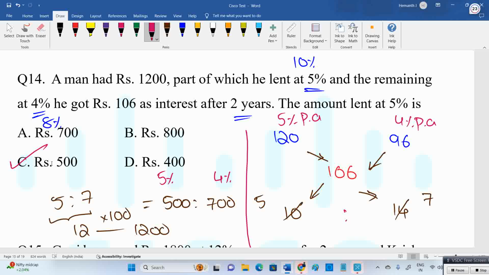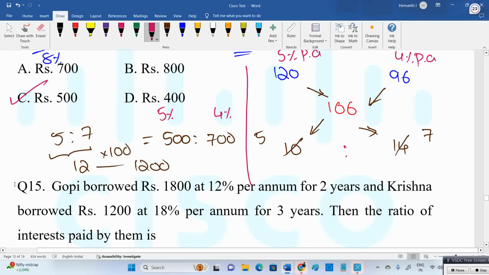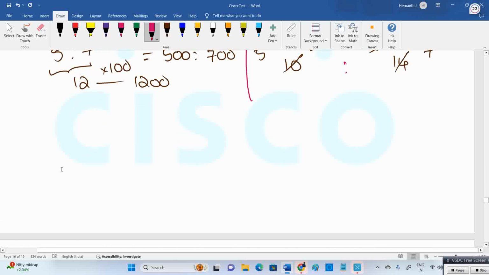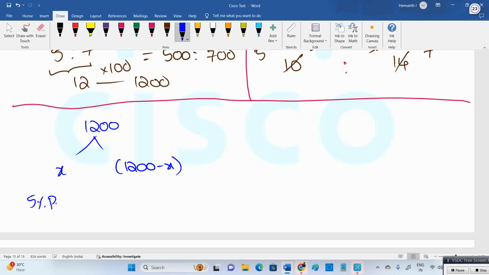If we don't have any idea of that topic, then we can go with the simple interest method only. What is the simple interest methodology? The 1200 is divided into two parts. One is x, the other one is 1200 minus x. This is with 5% per annum for 2 years. This is with 4% per annum for 2 years.